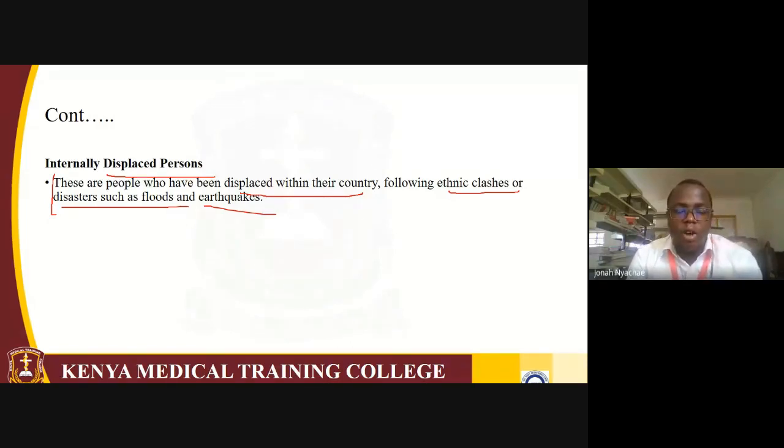People who live around Lake Nakuru have been displaced by flooding. They don't have schooling, they don't have homes, they don't have nutrition. So these are people who are in need.